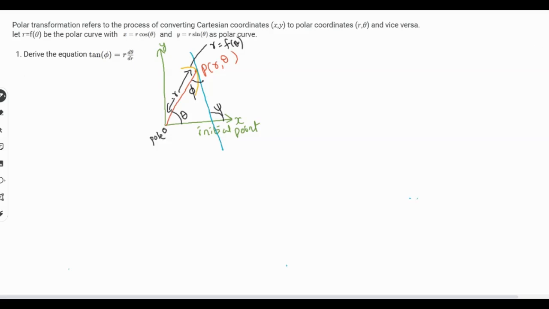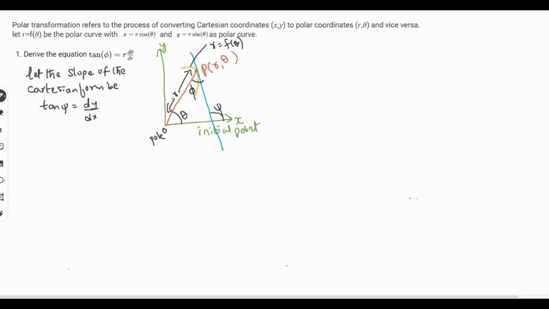So now, for the derivation, let the slope of the Cartesian form be tan psi equals dy by dx.